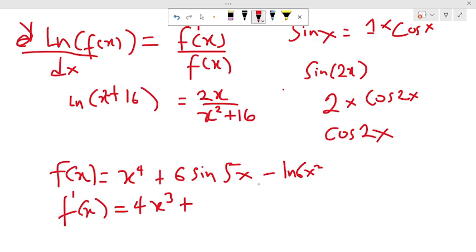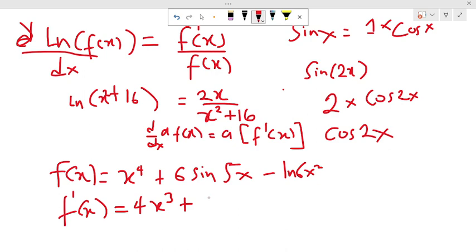Now 6 is a constant. Another differential rule is that when you have a coefficient, say a, multiplying a function that you want to differentiate, you can bring the constant out, then you differentiate the function, then you multiply the two.